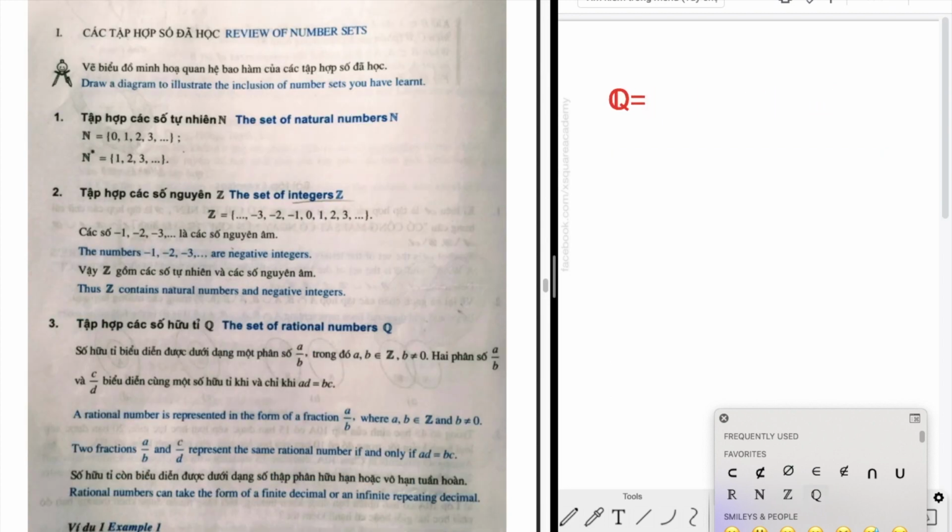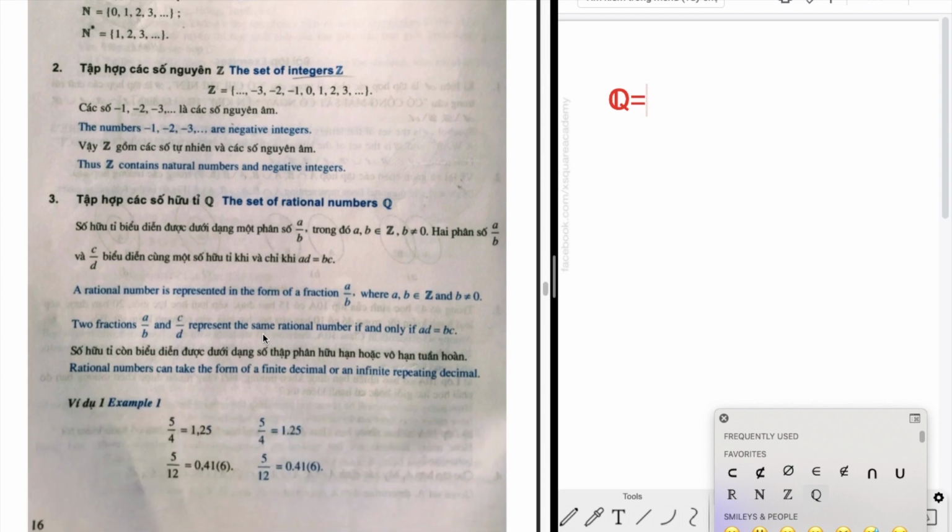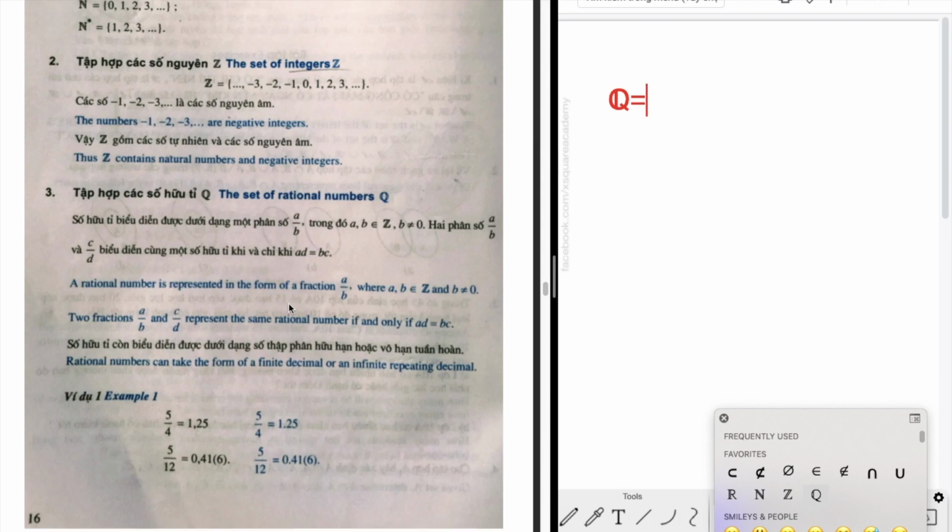The set of rational numbers is denoted by the letter Q. A rational number is represented in the form of a fraction a over b, where a and b are elements of the integers, and b is not equal to 0.